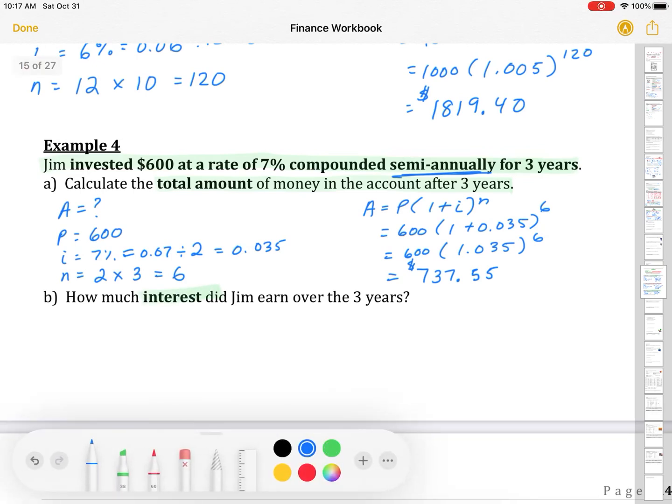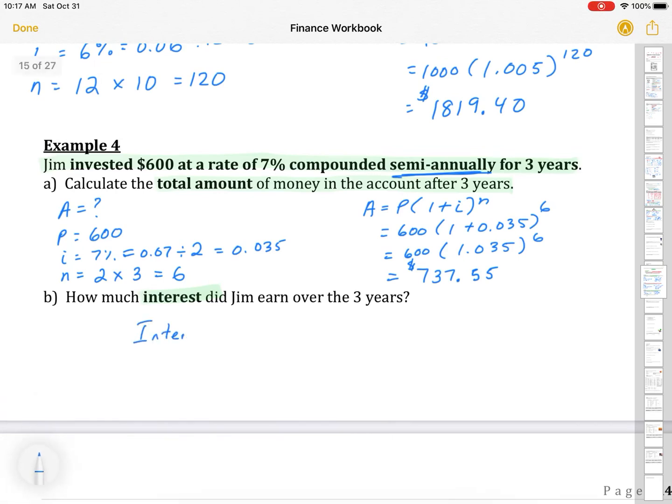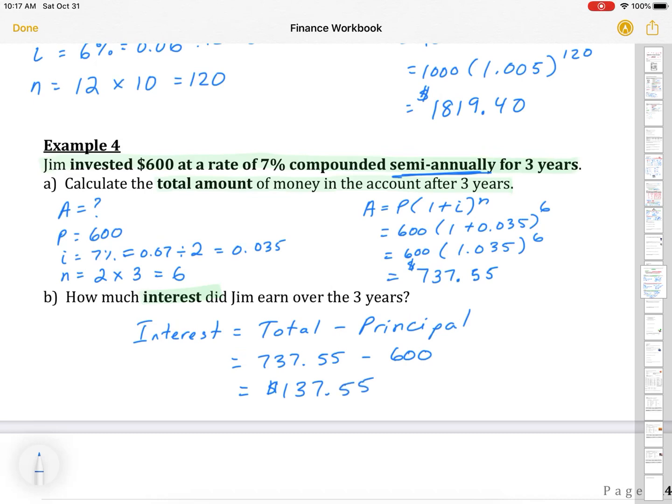So we take this value. So interest will equal the total minus the principal. So 737.55 minus 600, and that equals 137.55. So that's his interest.